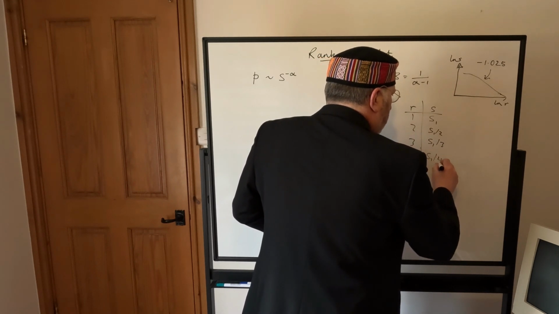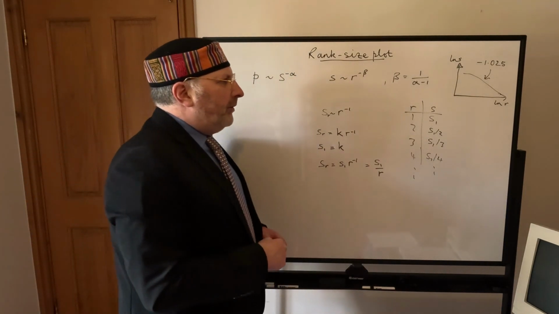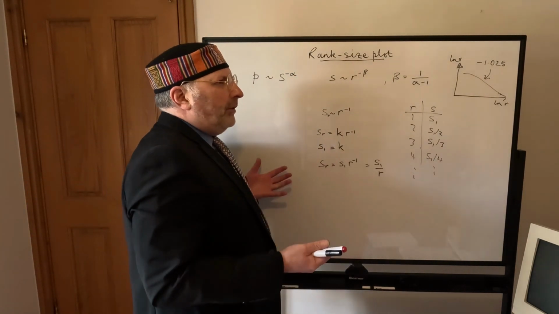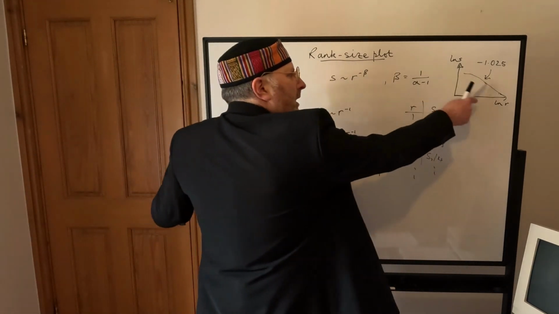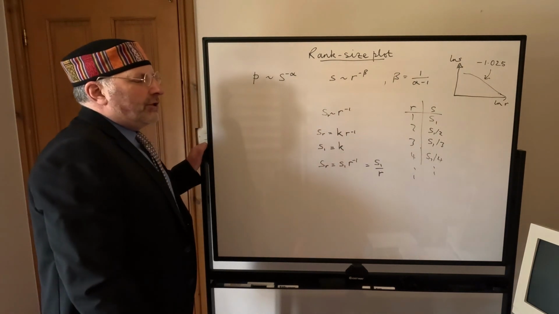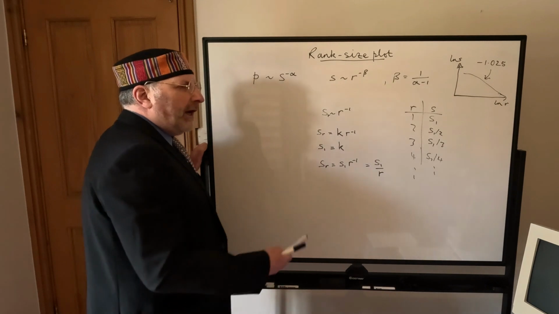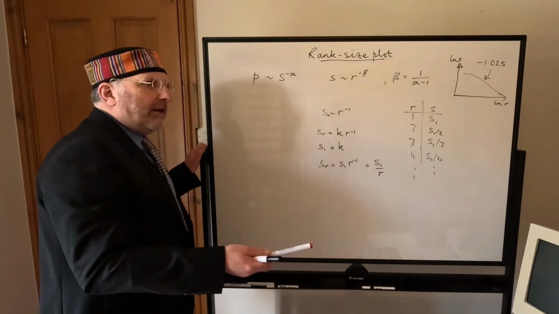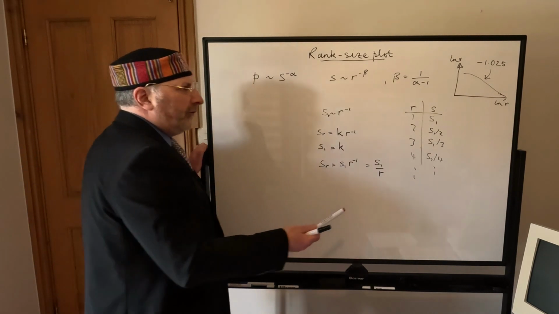S1 over 4, and so on. So it's a very simple relationship. For example, Zipf found this kind of rank size relationship in the populations of American cities in his day. Let's say the largest was New York and Los Angeles was the second largest.